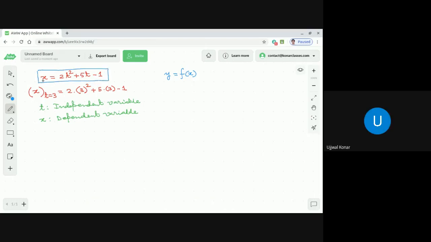For a particular value of t, you cannot get two values of x. All of you agree with me? But for a particular value of x, you may get multiple values of t. In fact, it is a quadratic equation in t, so you get two values. So there are two preconditions to qualify a relation as a function.